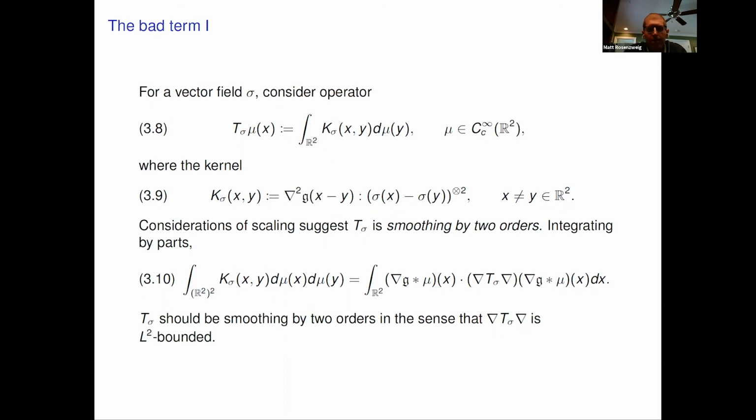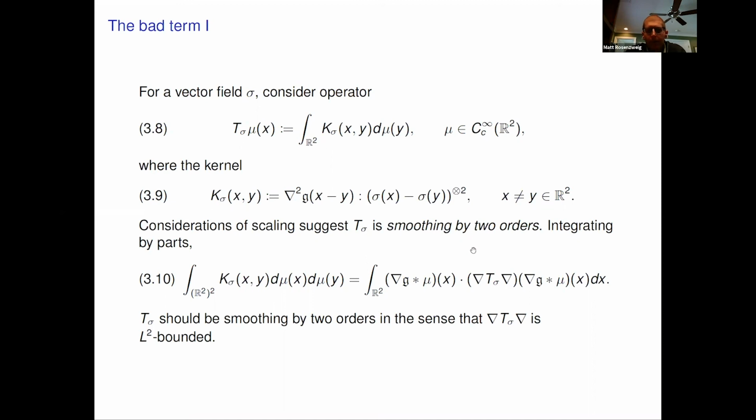And suppose that we take some vector field sigma, which is smooth, and we're going to define an integral operator, T_sigma, which is given by integrating with respect to this symmetric kernel K_sigma, which I've defined in equation 3.9. So I've just taken what was as before, this nabla squared G, and then the Frobenius inner product against this matrix formed by sigma(x) minus sigma(y) tensored with itself.